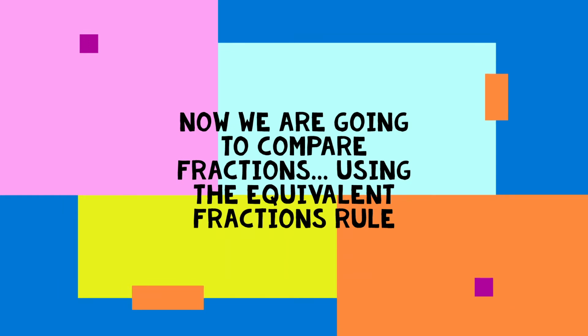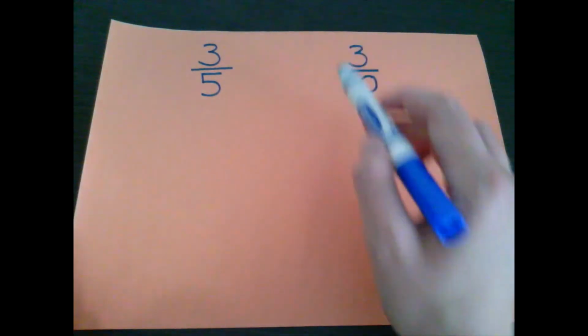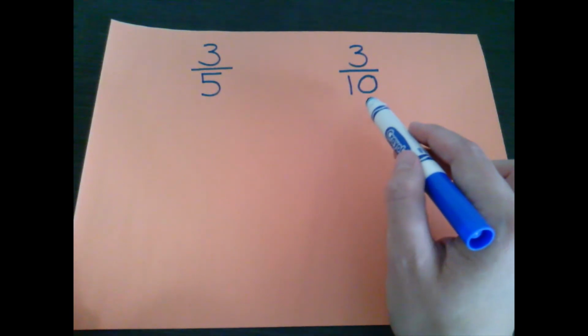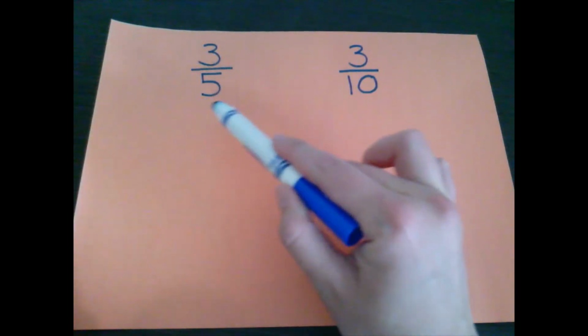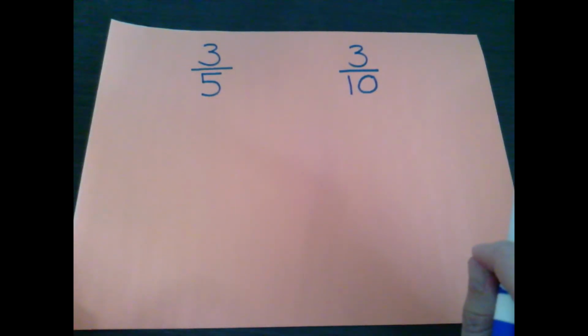So if you notice 5 and 10, what could I do to one of these fractions to make the denominator the same? I can't break this one down because this one's already in simplest form. But this one over here, could we do something to this fraction to make the denominator 10? Yeah, we can multiply it by 2.